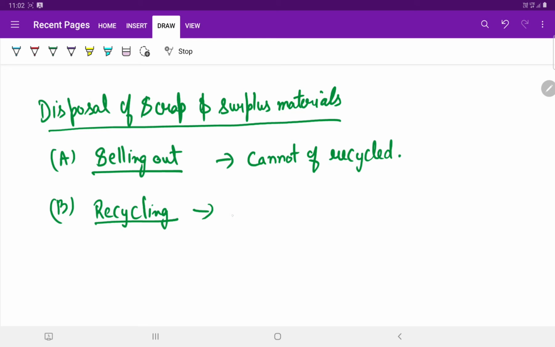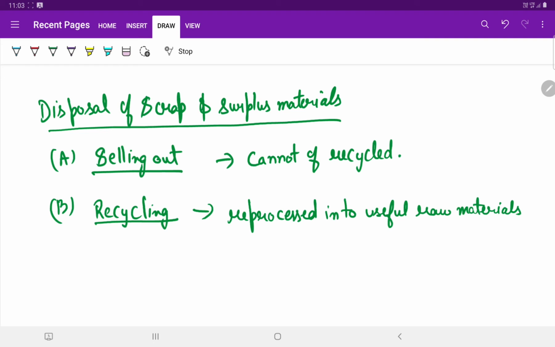In this method the scrap and surplus materials are reprocessed into useful raw materials so that they can be used in subsequent production of basic products.